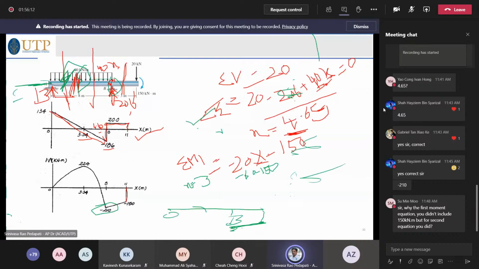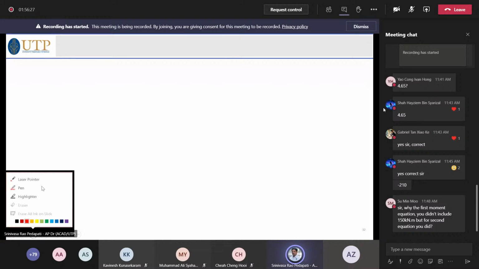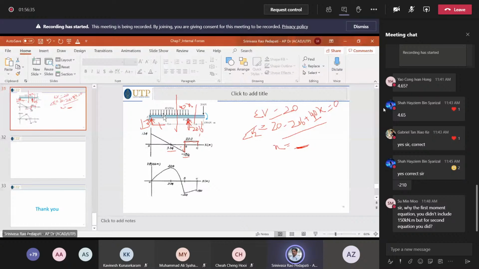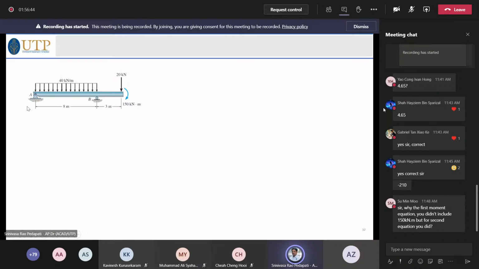I think I will insert one more slide here to explain. Suppose we take the left hand section here. So what is the sigma M equation?